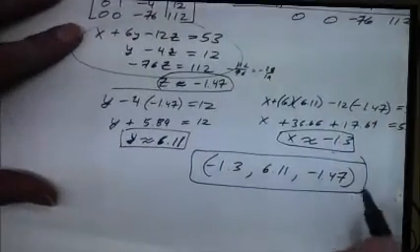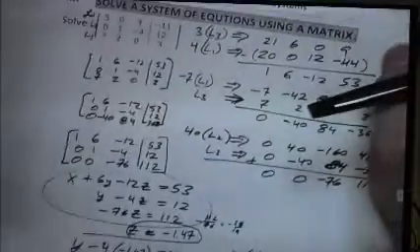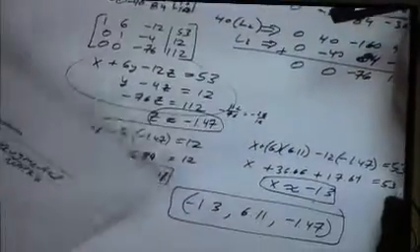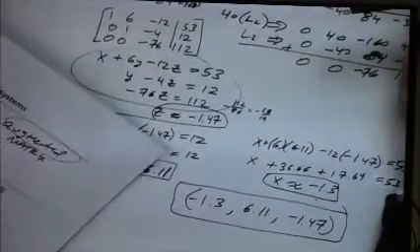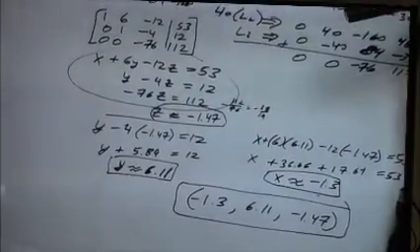Okay, so in a way, what we did here and what we did here are exactly the same. The difference is this one gets a little more complicated, but as long as you're careful with your calculator and your decimals, you should be fine.